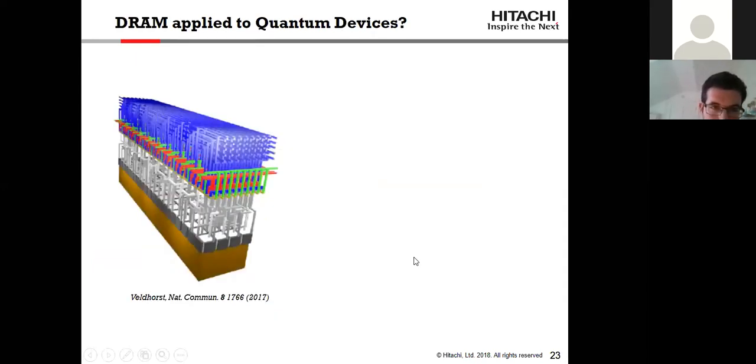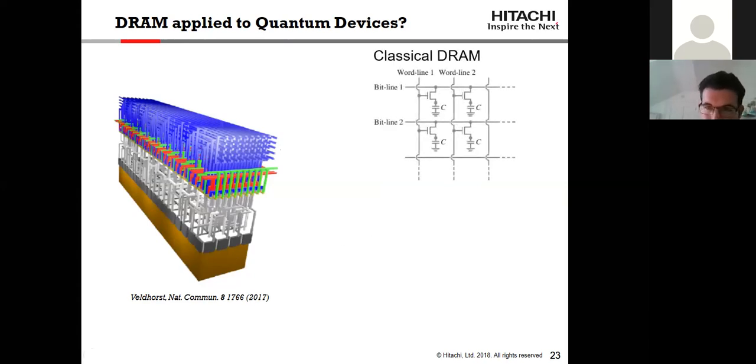There is a very nice proposal from Menno Veldhorst that suggested using a DRAM approach, so dynamic random access memory approach, to control and readout of silicon spin qubits by integrating quantum devices with more standard digital devices.